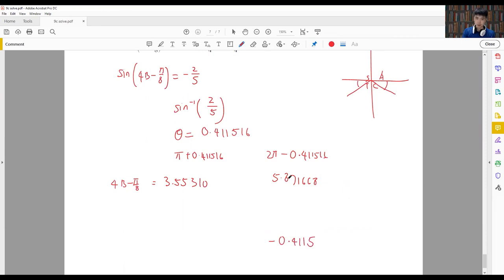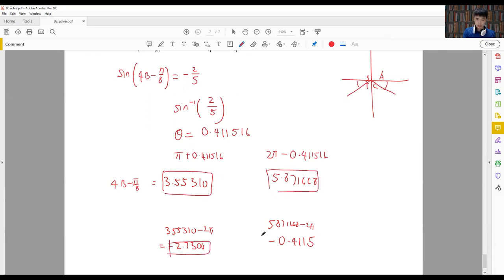This value is when I use 5.871668 minus 2 pi, and use this value minus by 2 pi as well. 3.55310 minus 2 pi, I would have gotten negative 2.7300. Okay, now from here, these are the four values, and these are equal to 4b minus pi over 8.